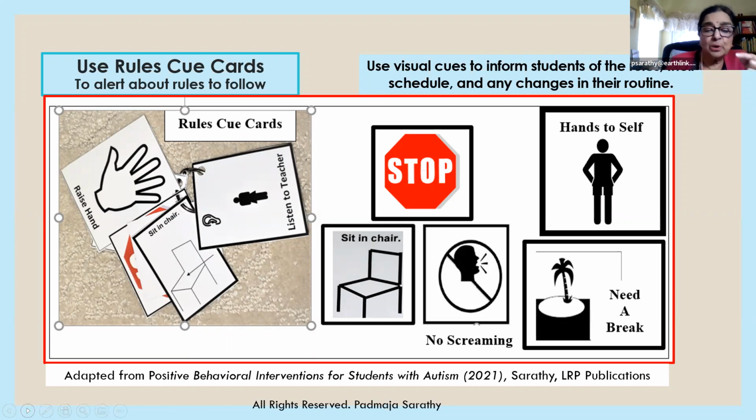And the student should be trained to request a break. And again, you can use an assistive technology device or a small device where the student asks for a break by pressing it. If the student is not using words to communicate, this is a way, and paired with the picture, it will connect to the student what it is that he is asking for, and to be able to request.